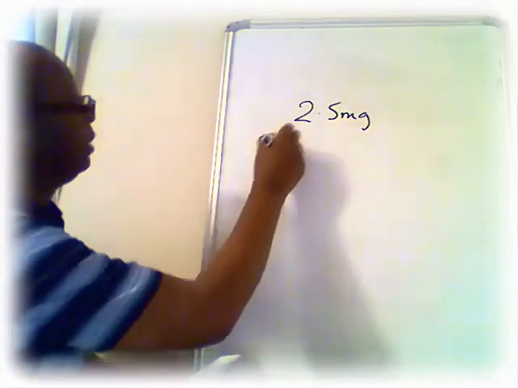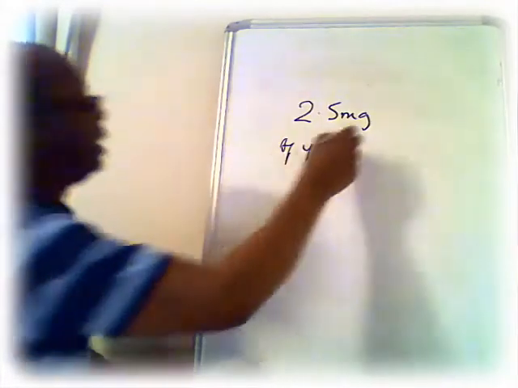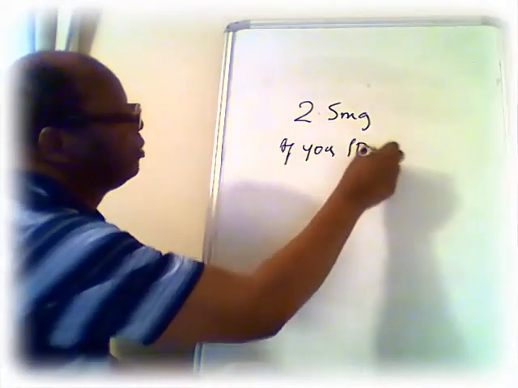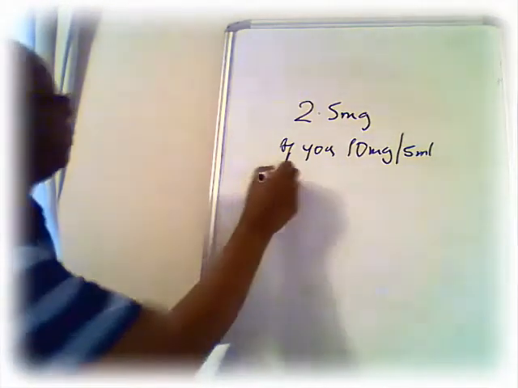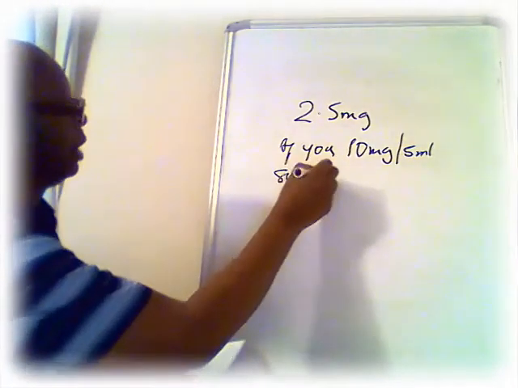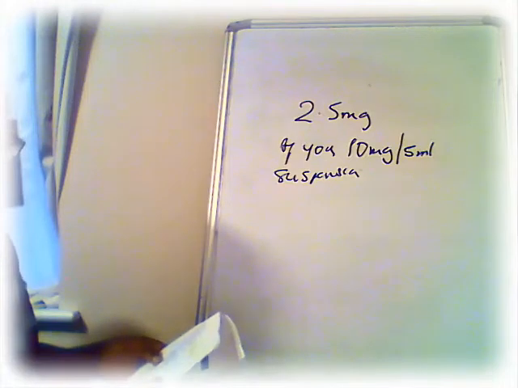Now, the preparation you have, if you have 10 milligram per 5 mil morphine, so this is the suspension you have. Now the question is, what volume of suspension do you have to draw into the oral syringe for administration to the patient?